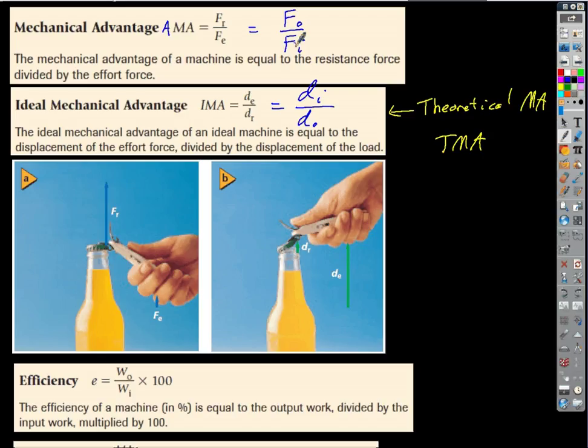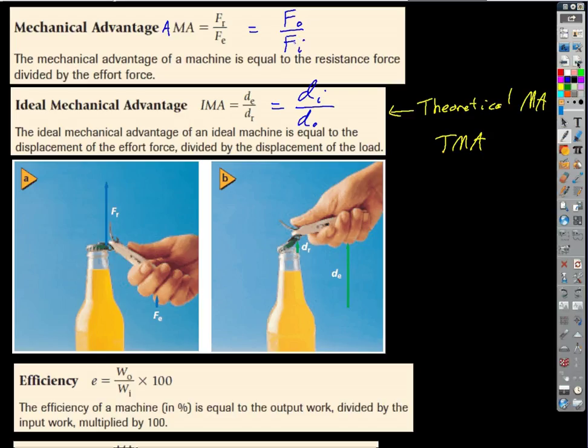All right, so actual mechanical advantage is literally the ratio of the output to the input force. Okay? What's the ideal mechanical advantage? In a perfect world, theoretically, if there are no non-conservative forces acting, no friction, no energy losses, we can always predict what the mechanical advantage of a machine is going to be based on the geometry of the machine, right?